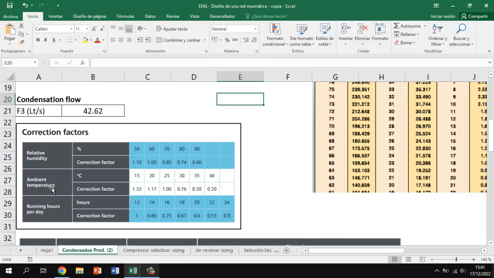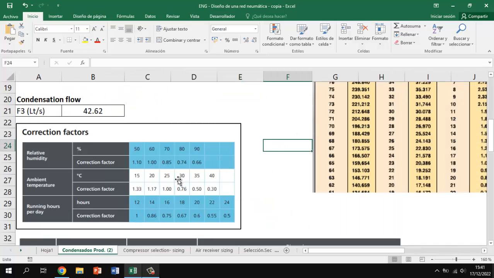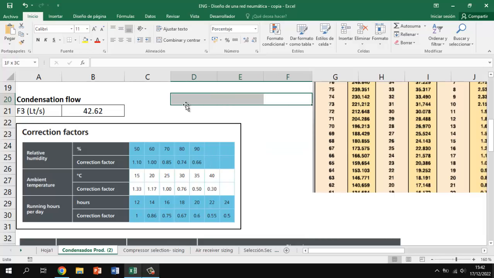For room or ambient temperature, we said our maximum room temperature is going to be 30 degrees, so it's the same. And for working hours, I'm considering the middle, because that's going to depend on you. This video is just an example of how to design your pneumatic system.